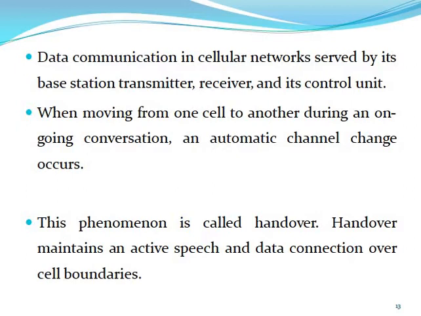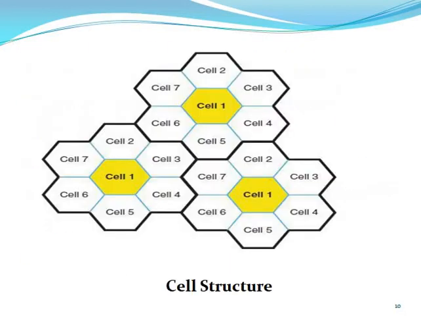If you move from one cell to another during an ongoing conversation, suppose you are in Ahmedabad in cell 1, and you travel and continue to Rajkot in cell 2.